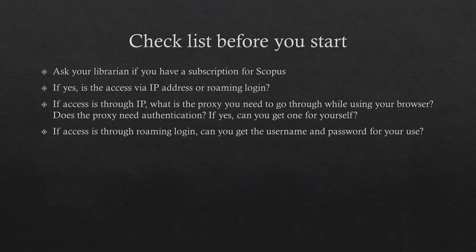So, please do ask your librarian if you have a subscription for Scopus, and if yes, then is this access via an IP address or a roaming login, and if the access is through an IP address, whether you need to access it through a proxy, and if it is through a proxy, then whether it needs a username and password, and whether you have such a username and password with you to be able to start the literature survey using this particular portal. If it is through a roaming login, then you must get the username and password for you to log in through the portal.